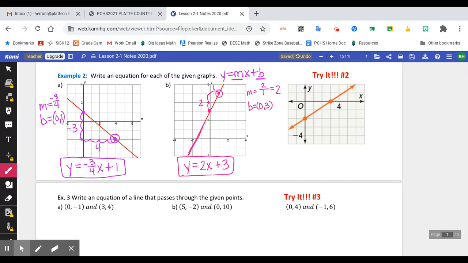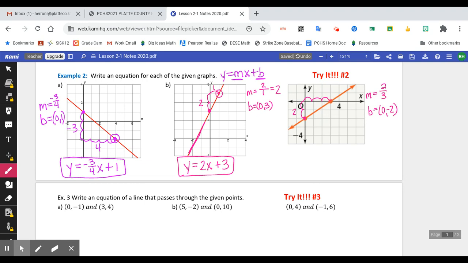Okay, so pause it and see if you can figure out the next one. So again, starts here. They already put the points for you, so it goes down 2. So my b this time is 0, -2. My slope is going to go from this point to this point. So 1, 2 here. So m is 2 over, and then 1, 2, 3.